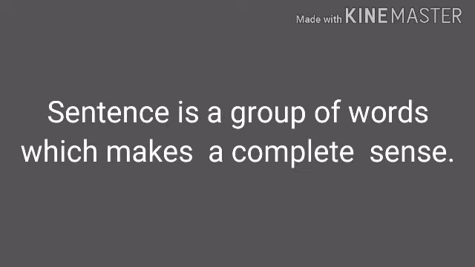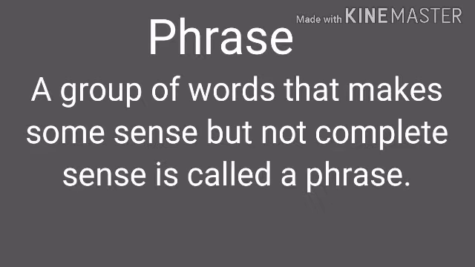Dear students, who can tell me what you mean by a sentence? Yes, very good. A group of words that makes complete sense is called a sentence. Now we will see the meaning of a phrase. The group of words that make some sense but not complete sense are called phrases.